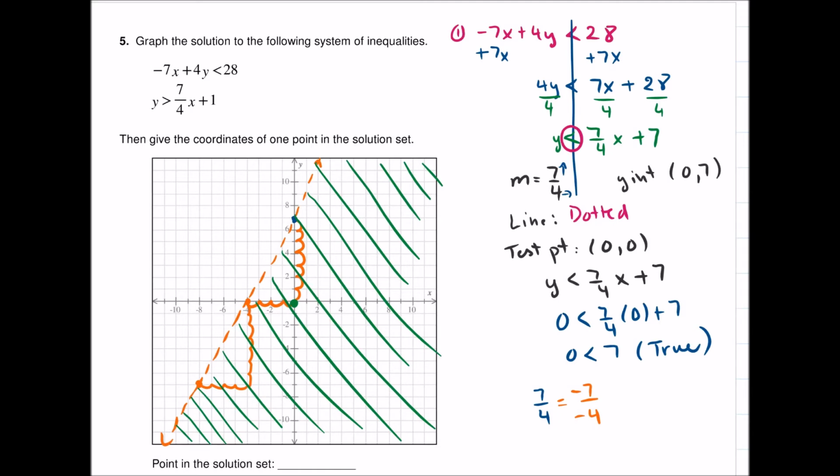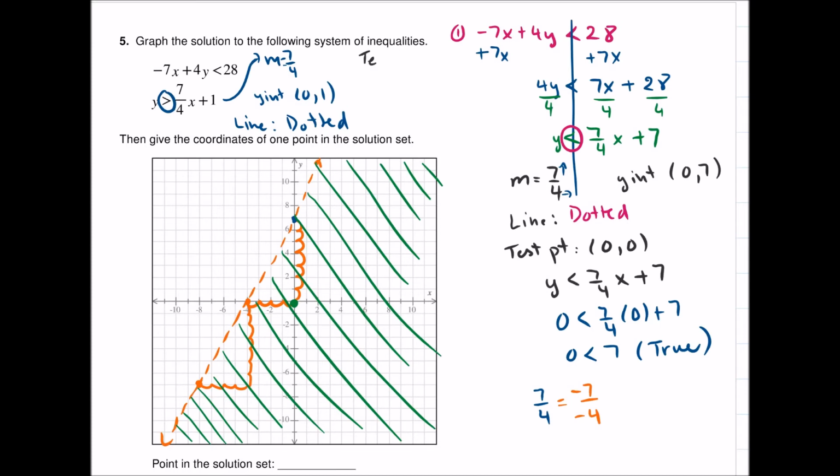Okay, and we're going to do the same thing for the second equation. y greater than 7 over 4x plus 1. So first, the slope is 7 over 4, and the y-intercept is 0, 1. Our line is going to be a dotted line because it's greater than only, without an equal sign.